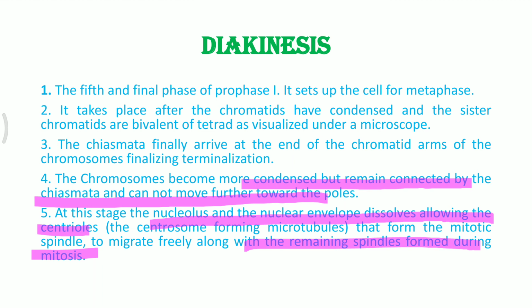This metaphase is metaphase 1. In this metaphase 1, the entire chromosome pair which is formed after crossing over, one of the chromosomes will move towards one side, another entire set of chromosomes will move towards another pole. In this way, 23 chromosomes will be on one side, 23 on another side.